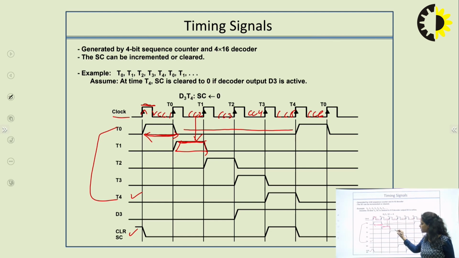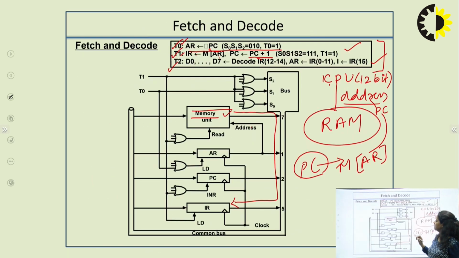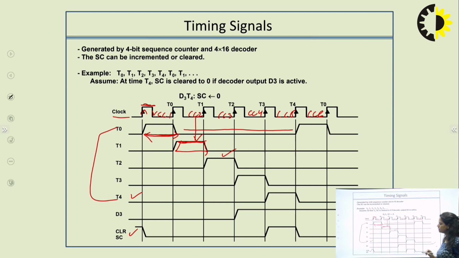Similarly, we will have the next process in T2, that is the process of decoding. In the decoding process, we are converting the 3-bit op code into 7 decoding bits, D0 to D7, and that will occur in time duration T2. So for this task we are showing it in a T2 timing cycle, which will be in clock cycle 3. So in clock cycle 1 one task is going on, in clock cycle 2 another task is going on, and in clock cycle 3 we will be initiating the 3rd task.